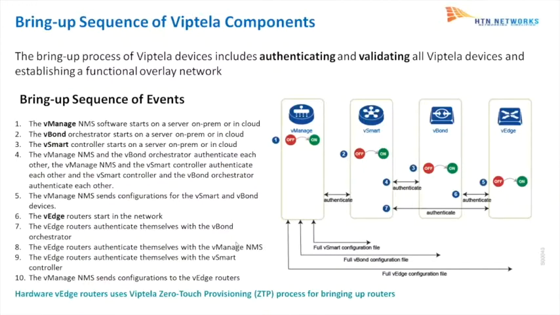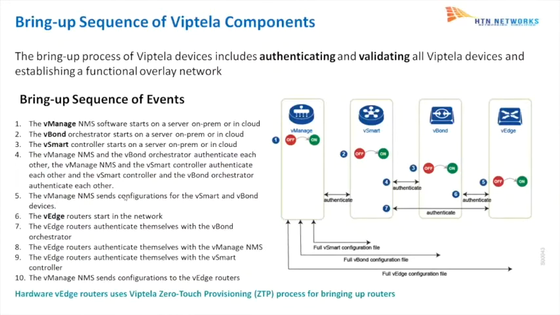And after that, the third step is vSmart controller and vBond authenticate each other. I'm going a little bit fast because I have to cover a lot more slides. But the main idea is all three software entities come up on the network, then they start authenticating each other. The vEdge routers come in last. First all the controller devices come up on the network and authenticate each other.